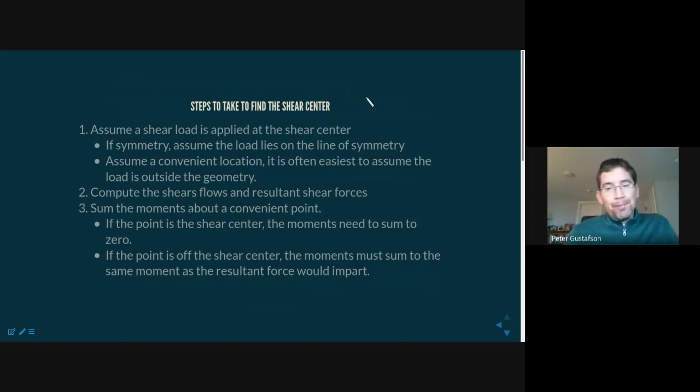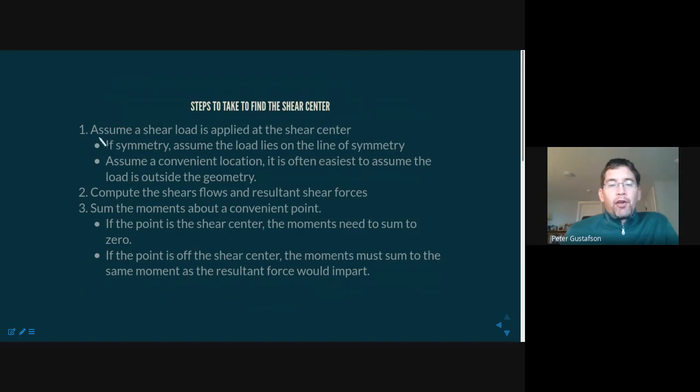The load doesn't matter. It is a property of the cross-section, much like the area moment of inertia and the polar moment of inertia. All of those things are properties of the section. So when you're asked to find the shear center, it would be rare for me to actually tell you a load to use.